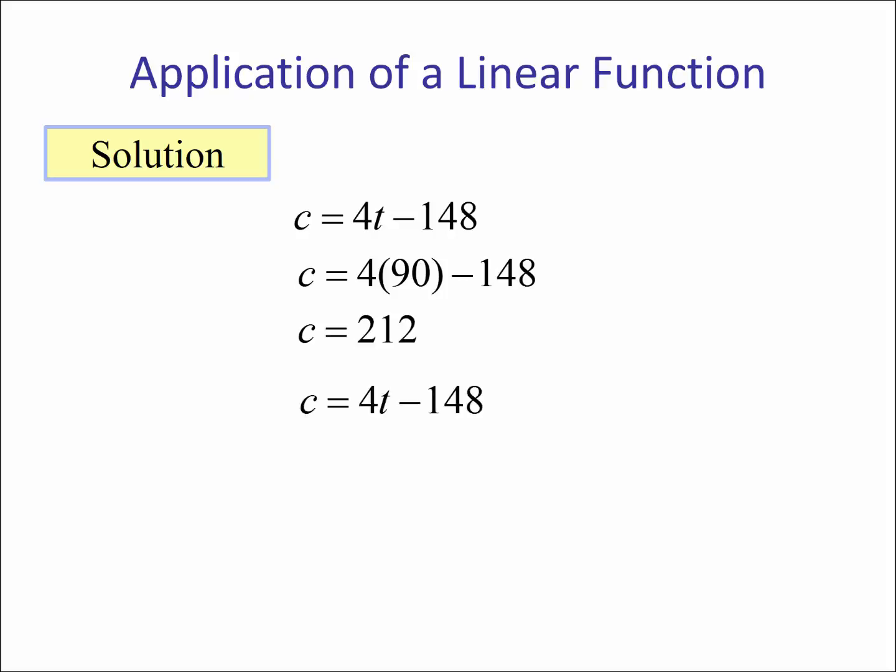Part C. For part C, we want to find the temperature when the number of chirps is 150. So substituting 150 for C, our equation becomes 150 equals 4T minus 148. Solving for T, we need to add 148 to both sides of the equal sign.